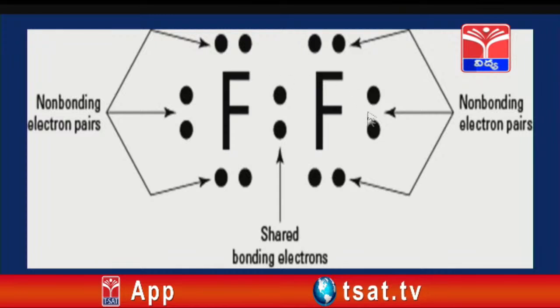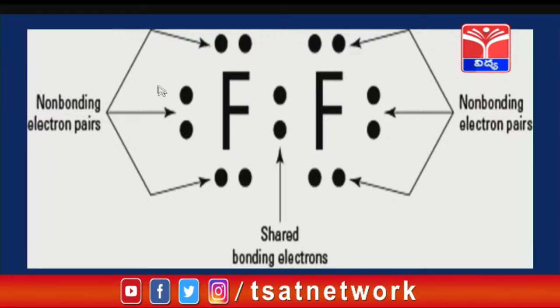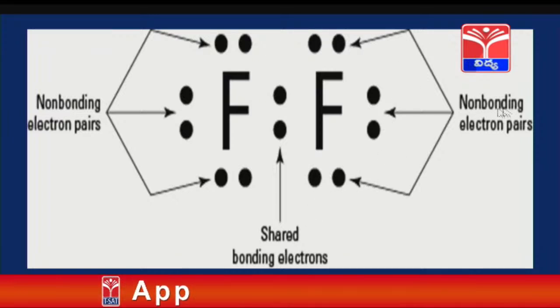So, what are these electrons called? The shared pair of electrons is called shared bonding electrons, and there are 3 pairs of electrons in each fluorine atom which are called non-bonding electron pairs. These non-bonding electron pairs are also called lone pairs of electrons.